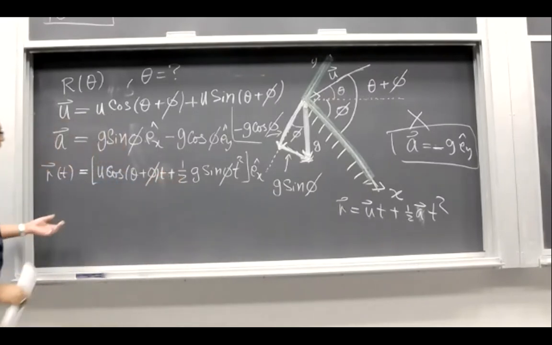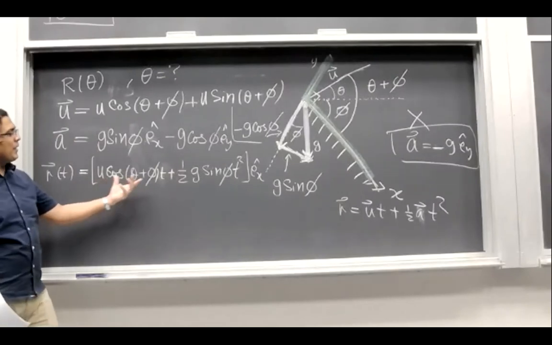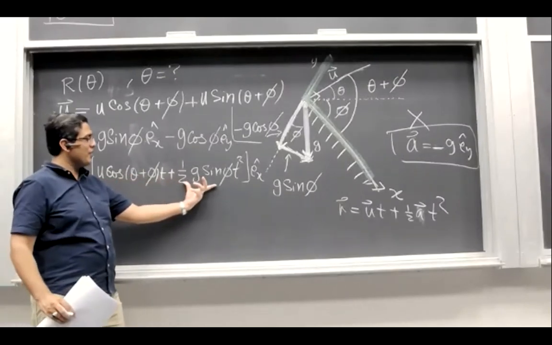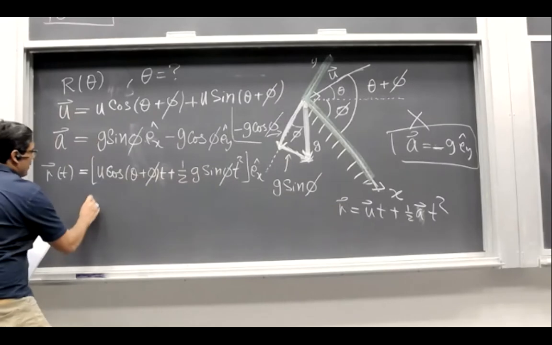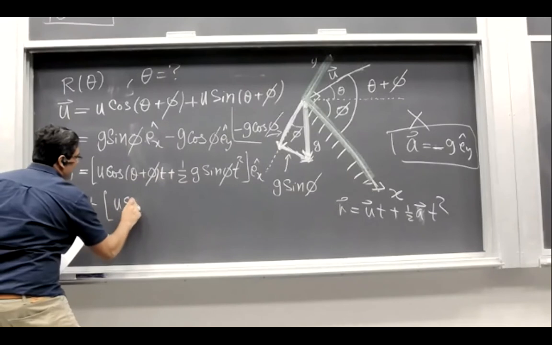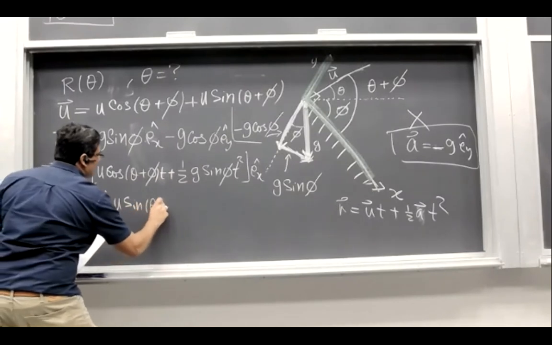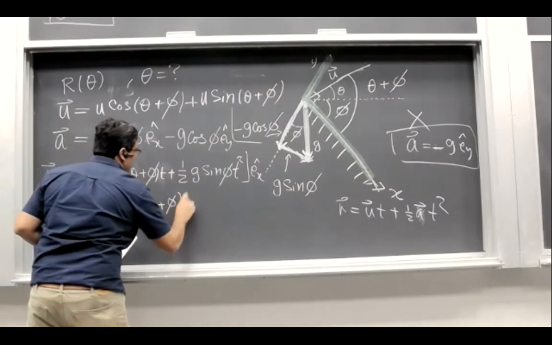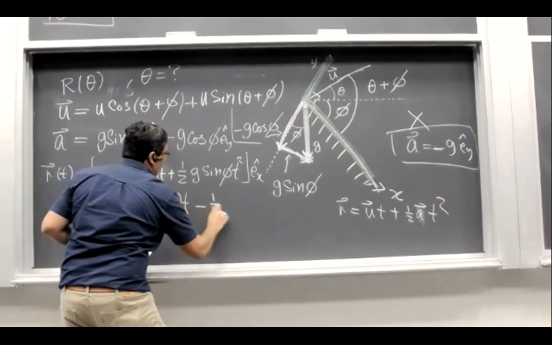All right, so here you have the x component of velocity plus the x component of acceleration. And then in the next line, I'm going to write the y component of the velocity minus half g cosine phi t squared e_y unit vector.